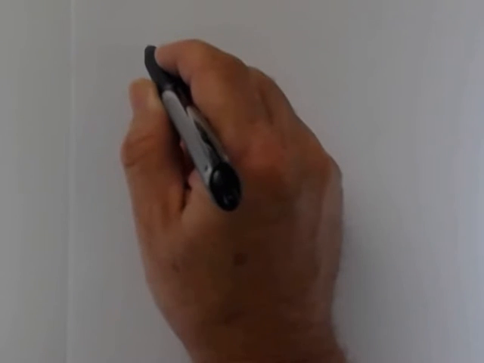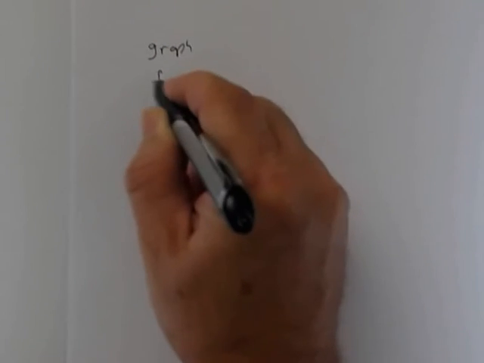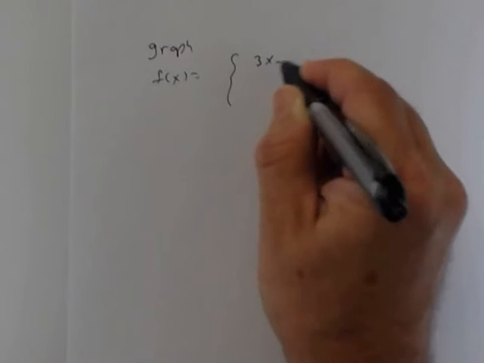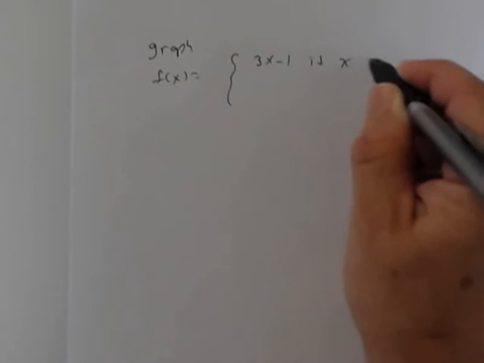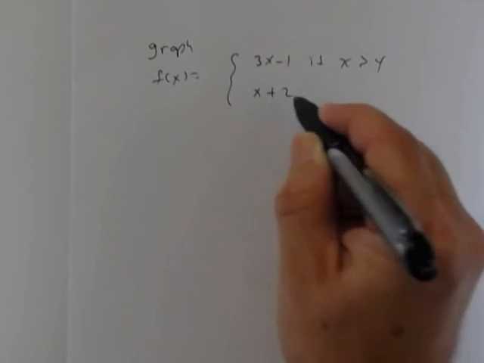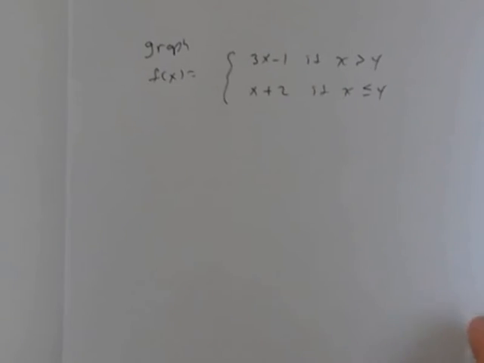Is if you want to graph f of x equals 3x minus 1 if x is greater than 4, and x plus 2 if x is less than or equal to 4.